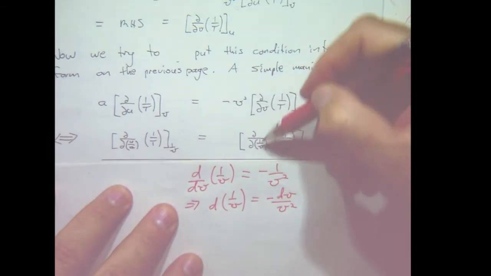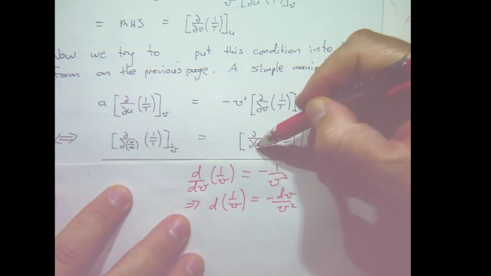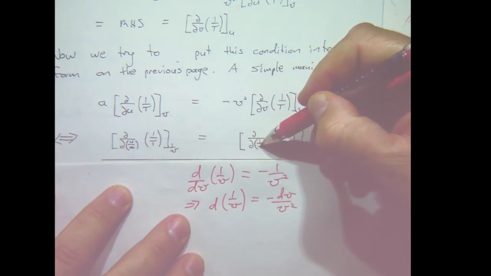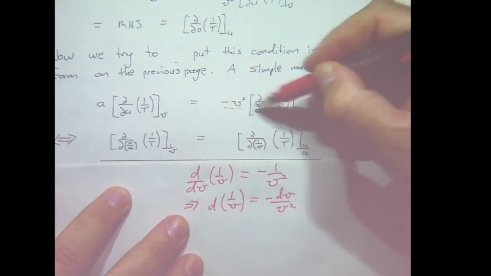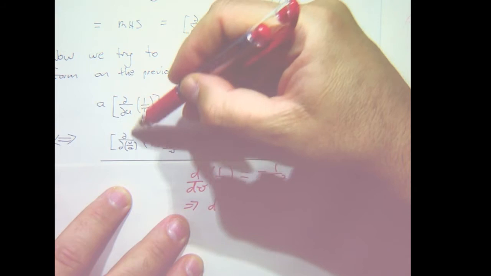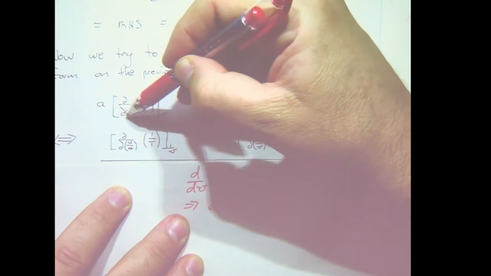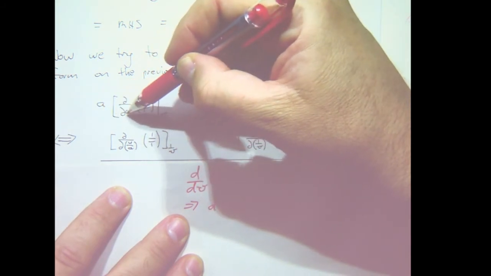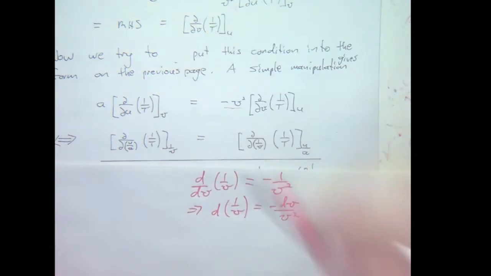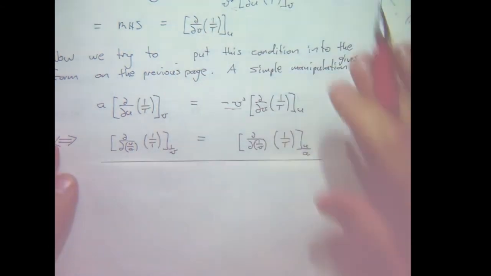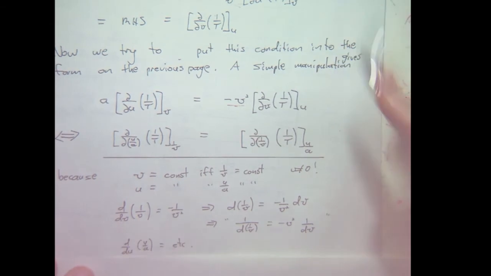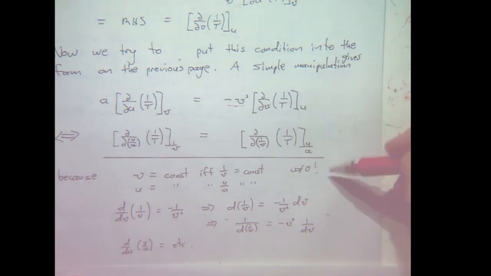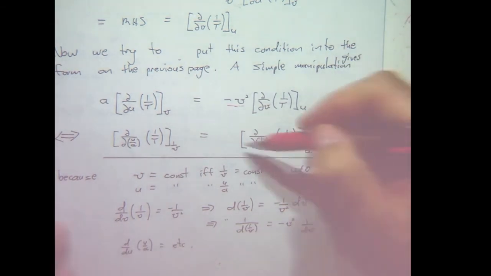Here we have d of 1 on v, you put minus dv on v squared in there, gives minus v squared there. That shows why that is true. And then here, I just put the a under here, like that. Okay, that's just explaining that step. So we get to here.